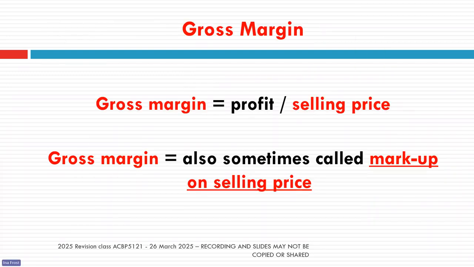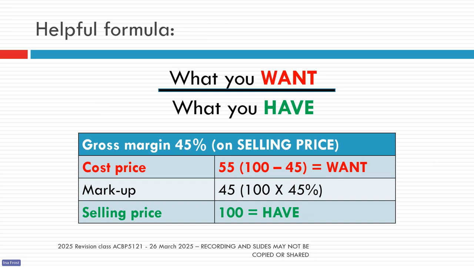Then if the question is working with gross margins, remember we're talking about profit over selling price. Sometimes the question paper talks about a markup on selling price instead of saying gross margin.